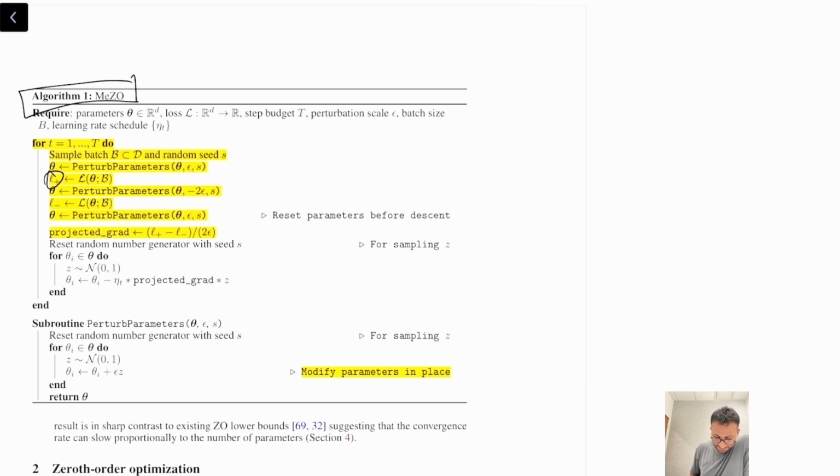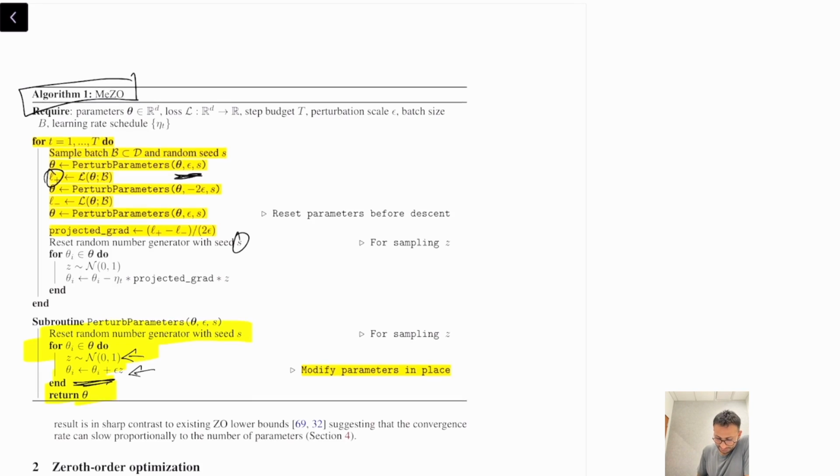So L plus, which is the positive side of gradient estimation, you basically perturb the parameters by epsilon, and then I'll get to this part, and this is the important part. Perturb parameters. You basically generate a z vector from standard normal and change the parameter based on a small epsilon value, and then multiply that with the corresponding z value in the vector.